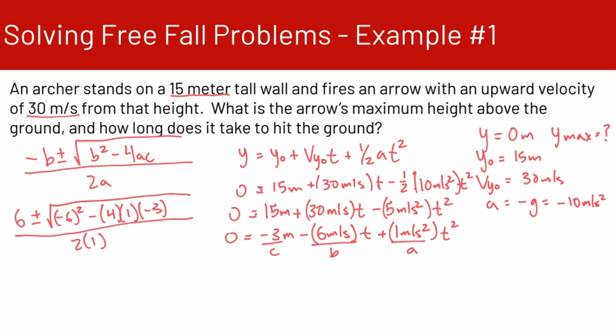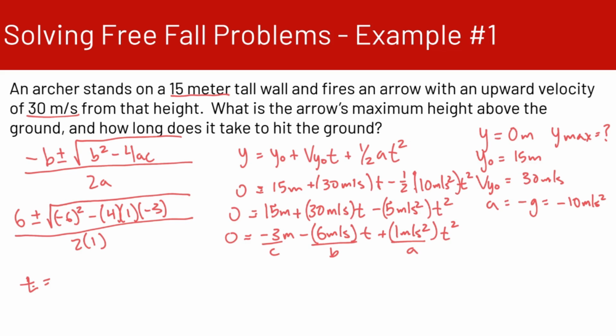Okay, so I'm just going to plug this into my calculator and we'll come up with our two answers. Okay, so we have t, because that's our variable, t is equal to, if you plug in the positive and negative options here, so you have 6 plus and then 6 minus.